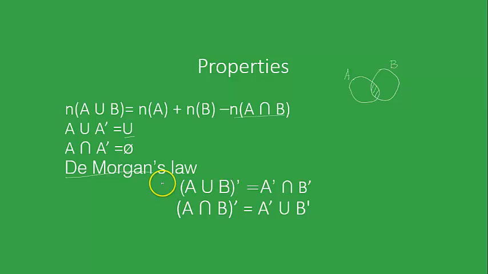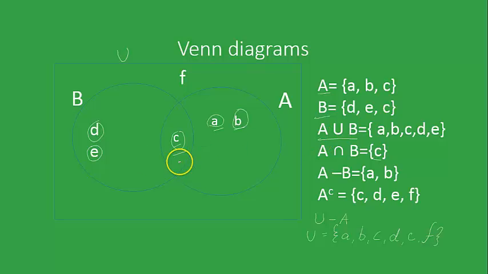The first law states that the complement of the union of set A and set B is equal to the intersection of the complement of A and the complement of B. As you can see from this Venn diagram, the union of A with B consists of A, B, C, D, E, whose complement is the set consisting of the element F.